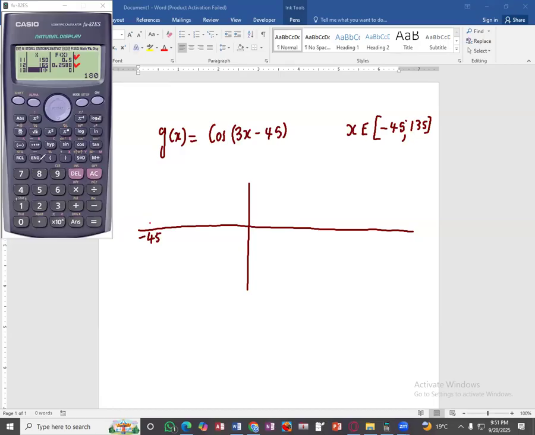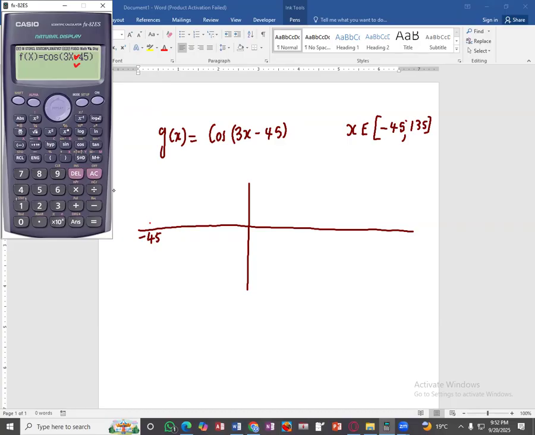Okay, now let me use my calculator to sketch. Let me say mode and then press 3 for the table and then insert my function, which is cos 3x minus 45, close the bracket.